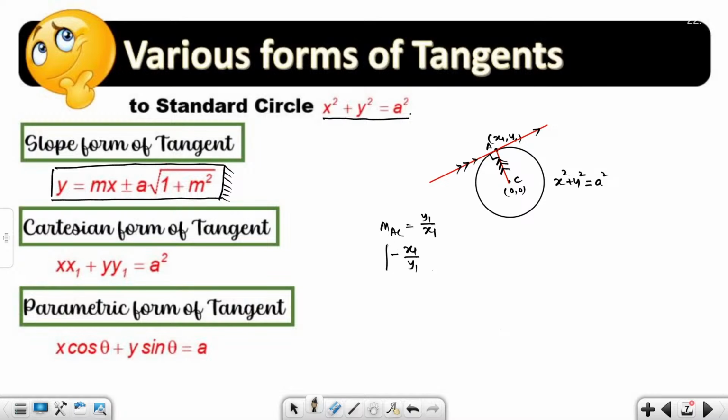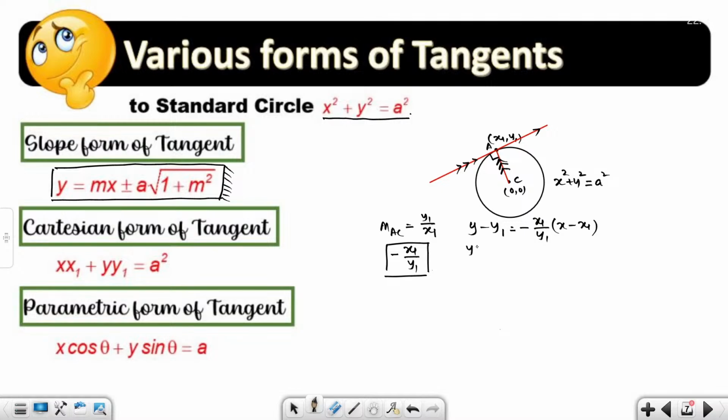So the slope of the tangent is minus x1 over y1 and the point is (x1, y1). Therefore, the equation of the tangent will be y minus y1 equals minus x1 over y1 into (x minus x1), point slope form.